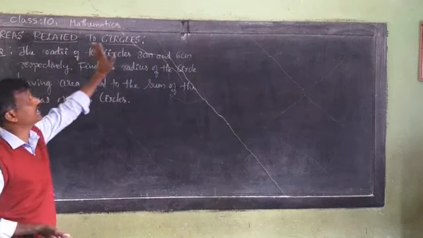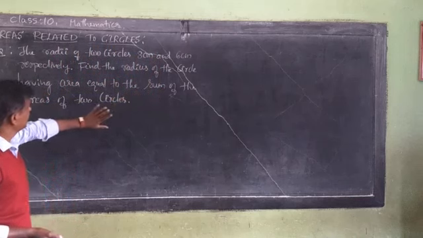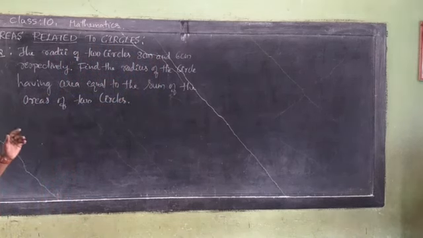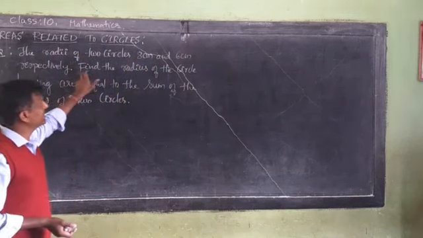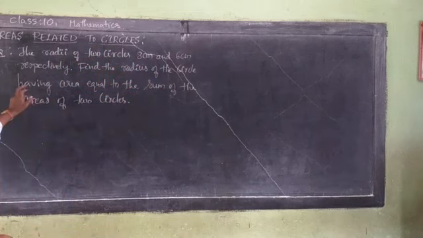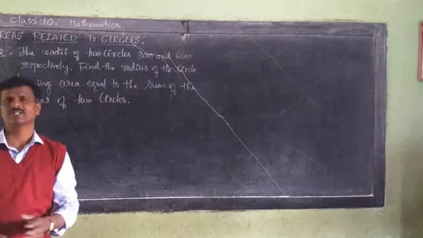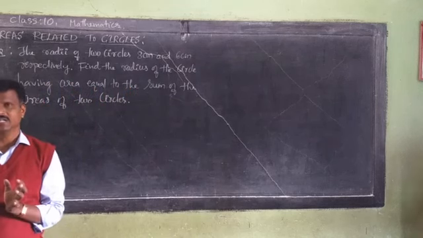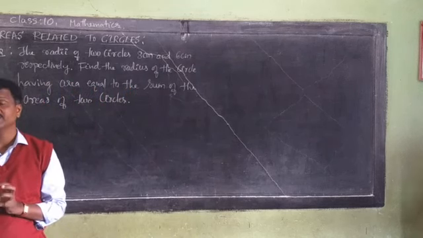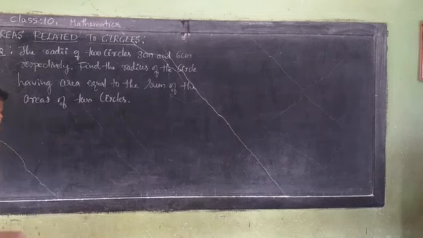We should find the area of those two circles, and then for the third circle we have to find the radius of the third circle having area equal to the sum of the areas of the given circles. So for that we have to find the area of the given circles.